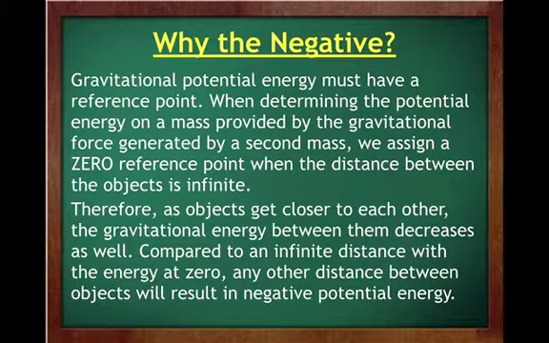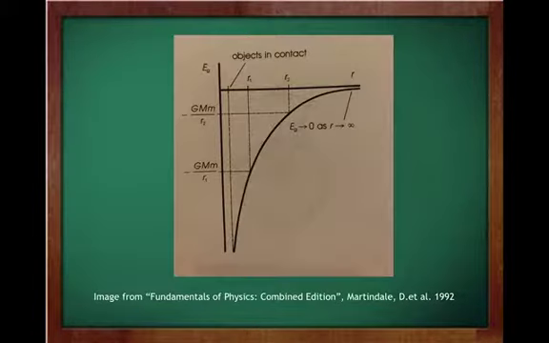Which means as that particular object comes closer and closer, the radius, the distance between them, gets smaller and smaller. Compared to that infinite distance where the energy is 0, every other distance is going to cause a negative potential energy because it's being pulled back down towards that main object. So it's about that idea of reference point. The reason it does this is that when these formulas are derived, they use calculus and area under the curve, and you get a graph that looks like this.